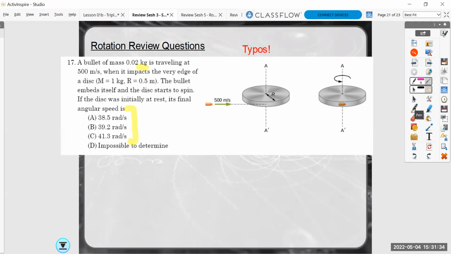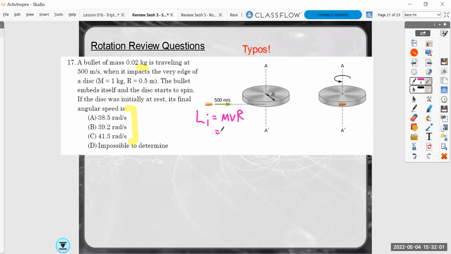This is a conservation of angular momentum question, though, because we are causing something to spin through a collision. So our initial angular momentum, remember, for a point mass, this is mvr. So we can go ahead and calculate our initial angular momentum here as 0.02 times 500 times a radius of 0.5.